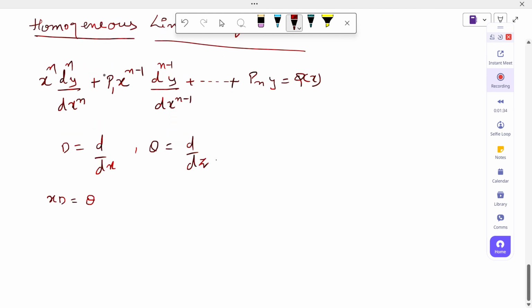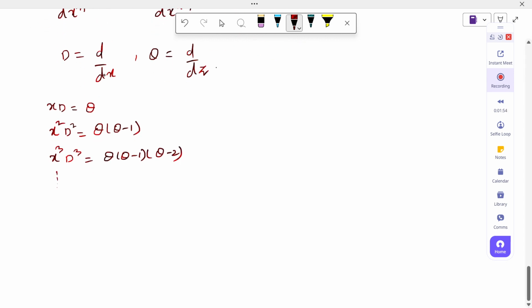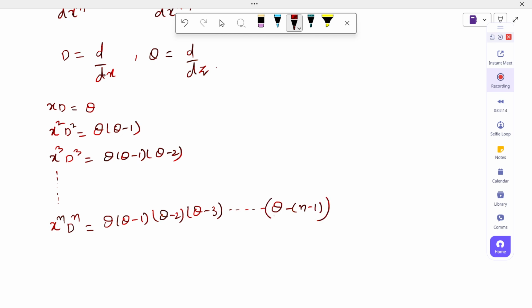Then x square d square equals theta of theta minus 1, x cube d cube equals theta of theta minus 1, theta minus 2, and so on. So on, x to the power of n d to the power of n equals theta of theta minus 1, theta minus 2, theta minus 3, and so on, up to theta minus n minus 1.